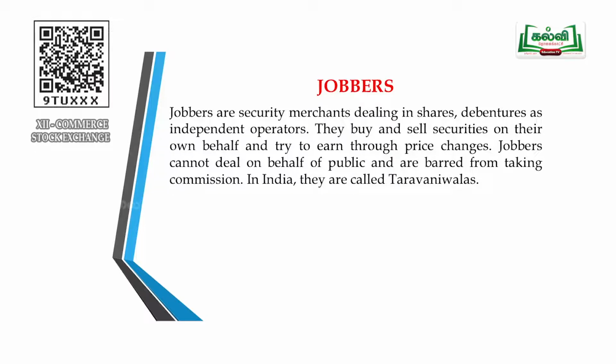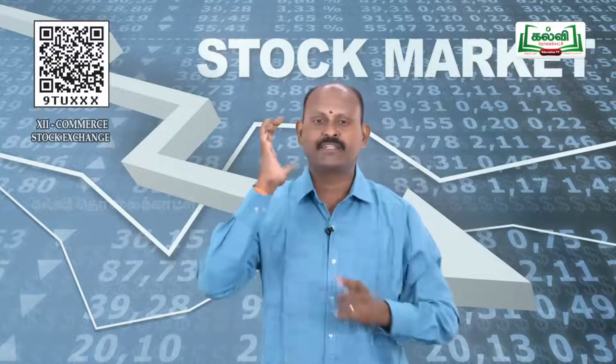Okay, next, speculation. It's a very important one. Always 2 things happen in the stock exchange: one is speculation, and the other is gambling. What is speculation? It involves the trading of a financial instrument involving high risk and the expectation of significant return.